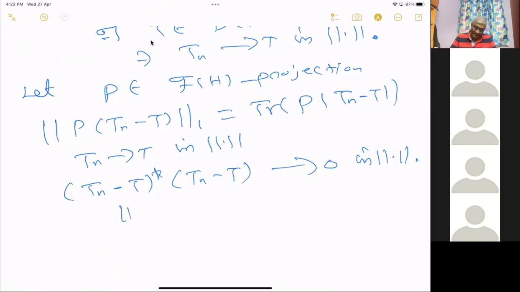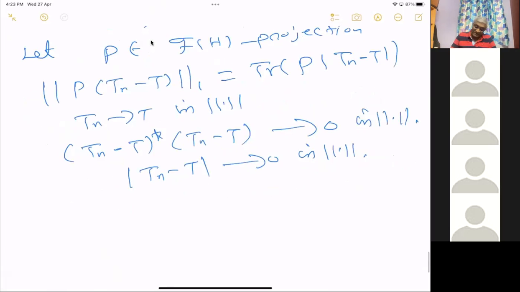So I'm saying that |Tn - T| converges to 0 in norm. This |Tn - T| is an operator, which is just the square root of whatever I have written in the previous line.